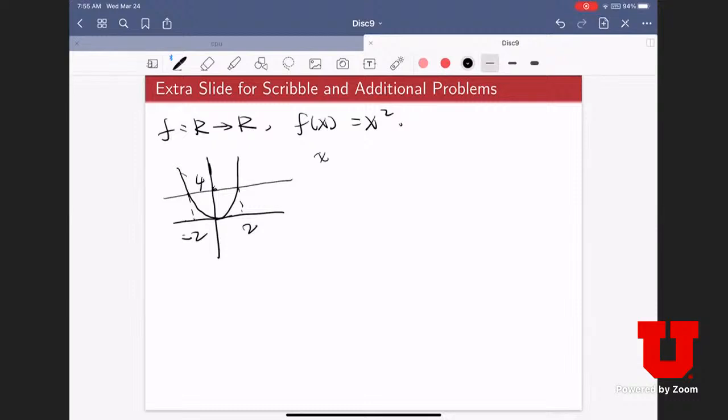All right, and for onto, we want to make sure that all the elements in the codomain are mapped to.